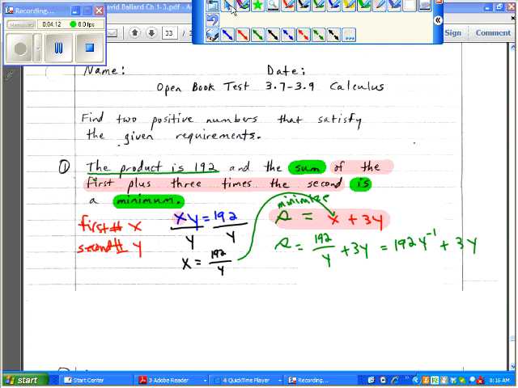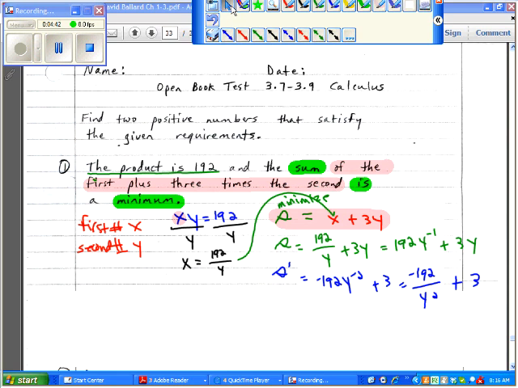We're going to write it exponentially. And then we will take the first derivative. And the first derivative would be negative 192 y to the negative 2 plus 3, which is going to look like negative 192 over y squared, and then a big old plus 3.